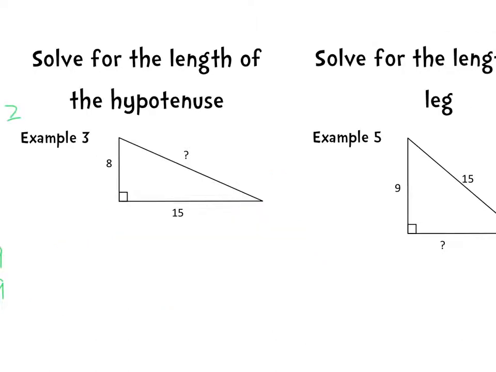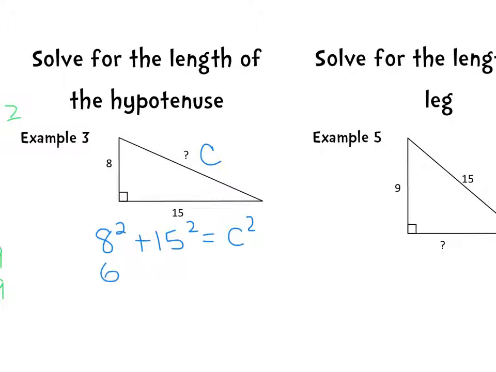Okay, go up to example 3. This time we're missing a dimension, and we're missing the hypotenuse. So we're going to solve for the length of the hypotenuse. I want to use the Pythagorean theorem, and I want to say 8 squared plus 15 squared equals c squared. I'm going to figure out all the information that I know.